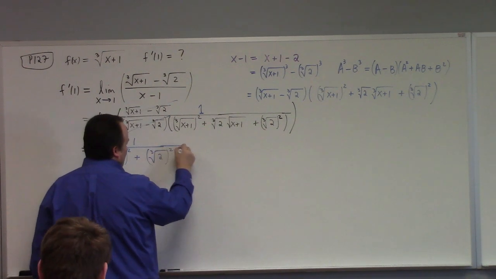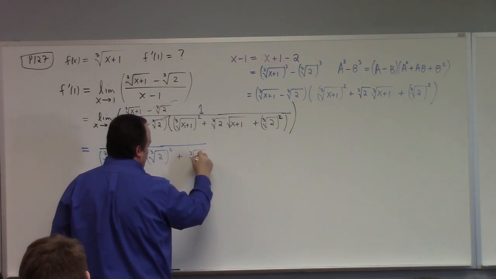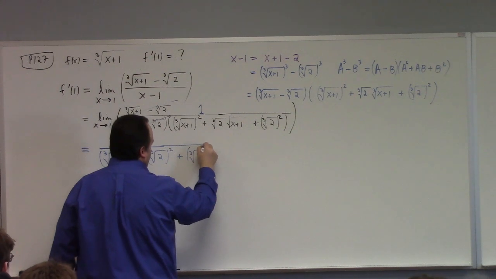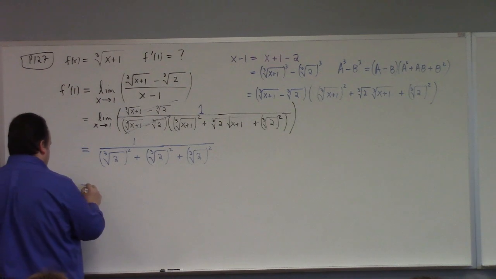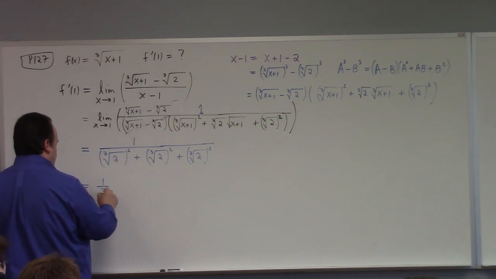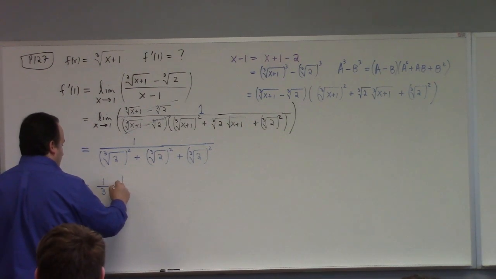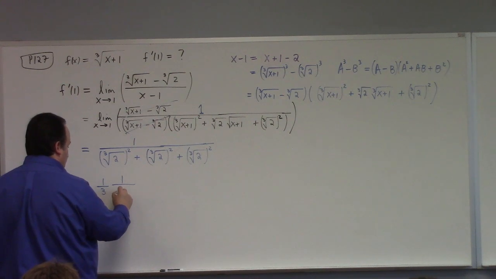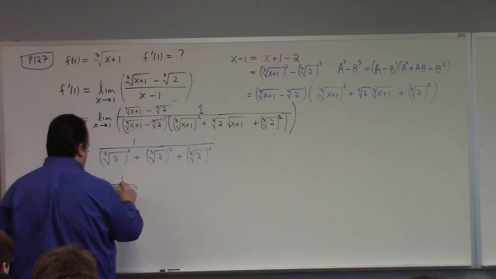That's the middle term. And then, of course, the last one is the cube root of 2 squared. So we got 3 of these guys, yeah? So in other words, you got yourself 1/3 of 1 over the cube root of 2 squared.